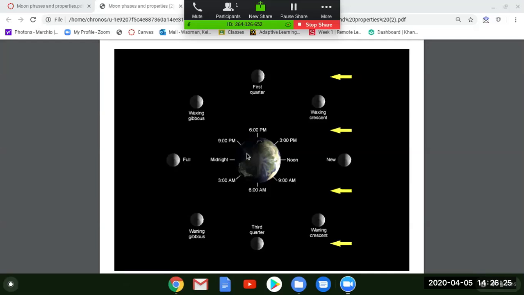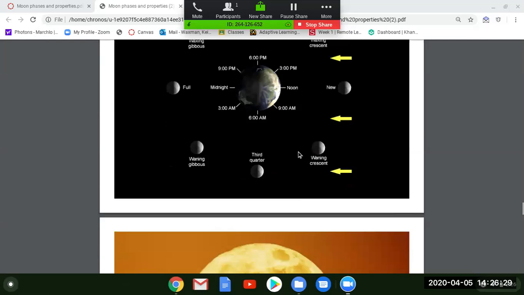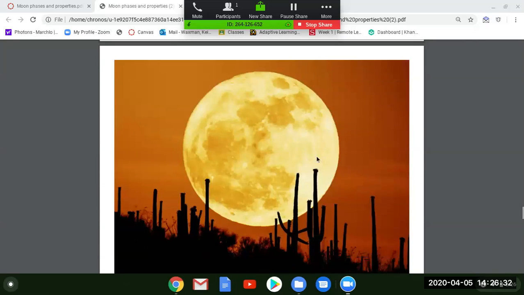Now let's take a look at some properties of the moon and some things we notice about the moon. Have you ever noticed the moon looks really big? Sometimes it looks giant, and sometimes it looks normal size. The reason it looks big sometimes is an illusion called the moon illusion.